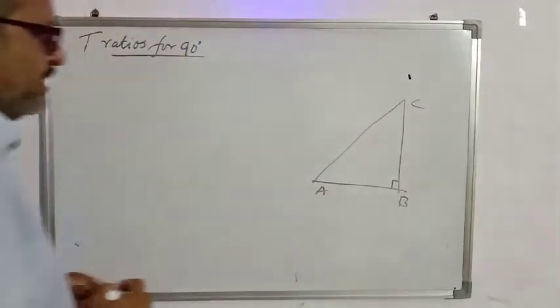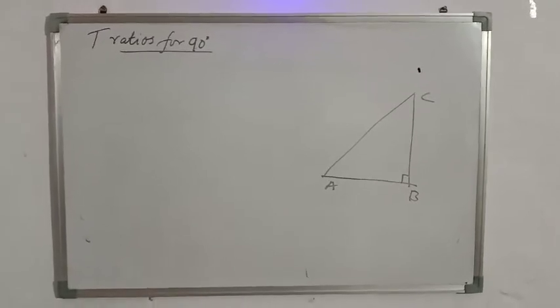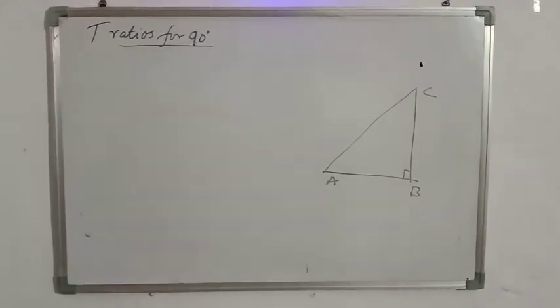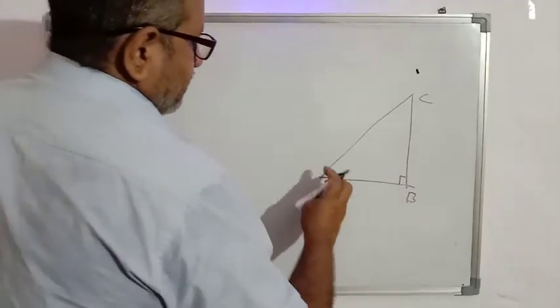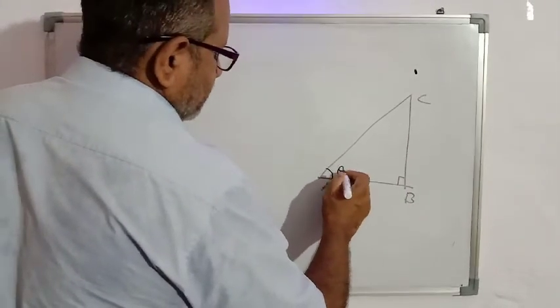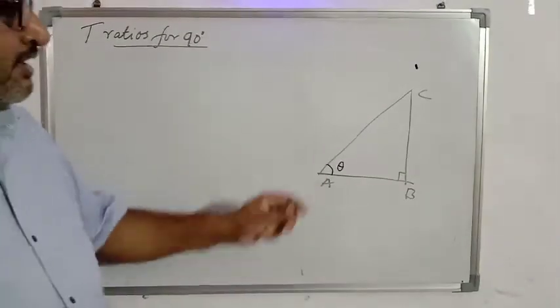Triangle ABC is a right angle triangle in which angle B is equal to 90 degrees and this acute angle is theta. So when theta will be 90 degrees.